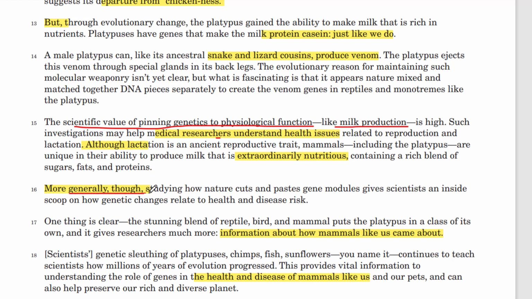More generally, though, studying how nature cuts and pastes modern genomes gives scientists an inside scoop on how changes relate to health and disease risk. So basically, the author seems to be, from paragraph to paragraph, telling us what we learn from a study of the DNA of the platypus, how it helps science.